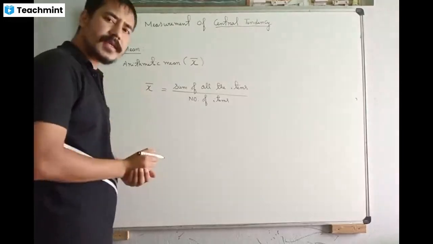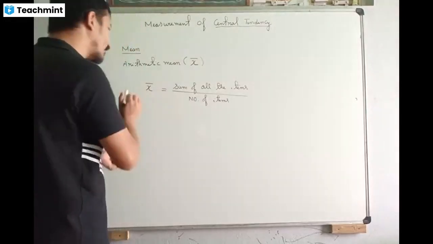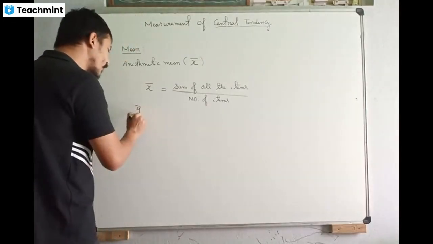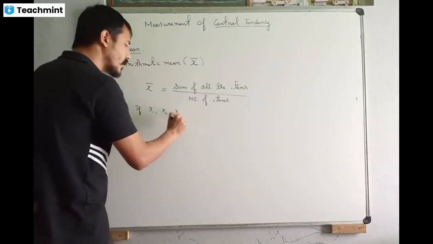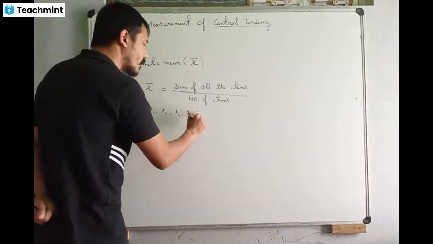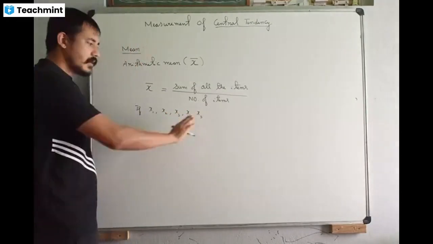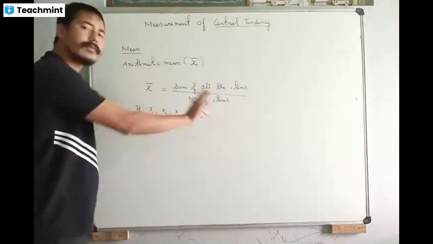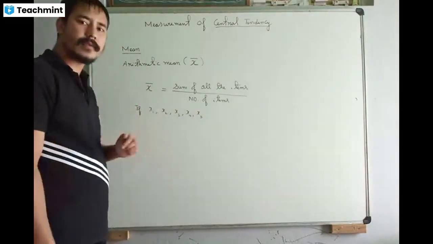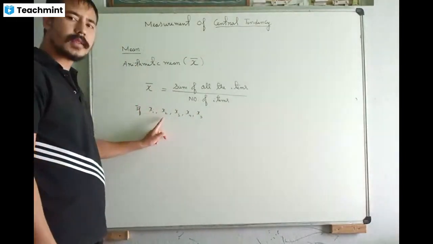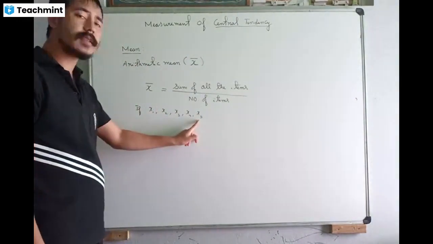We can express it mathematically. Suppose there are 5 given items in a series, namely x1, x2, x3, x4, and x5.